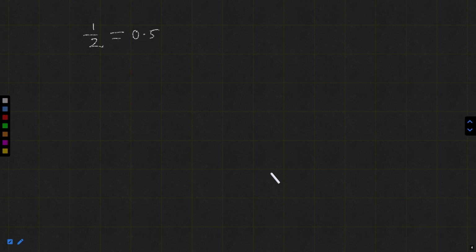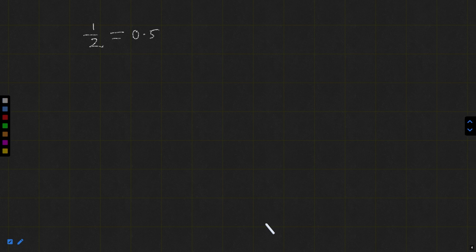After the decimal point the expansion ends with the digit 5, so this is a terminating decimal expansion.